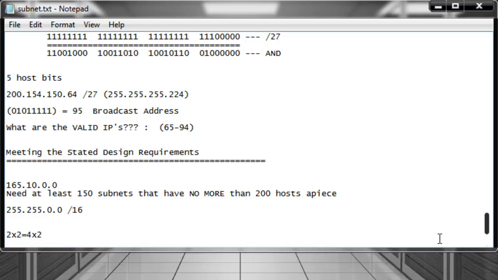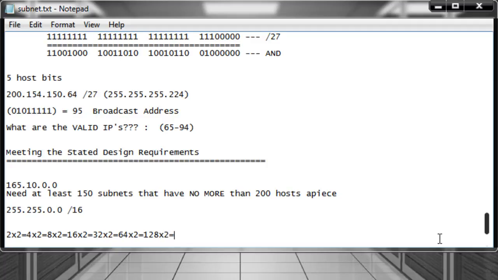So times 2 equals 8, times 2 equals 16, times 2. This isn't scientific, but it works. I just scribble it out. Times 2 equals 32, times 2 equals 64, times 2 equals 128. Getting warmer. We need 150, so the next one will do it.